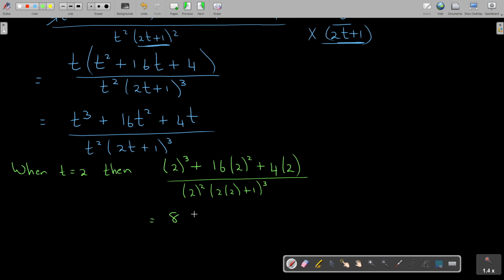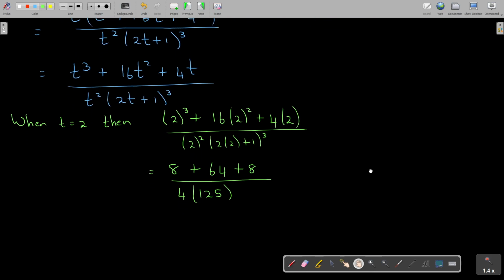So this is going to be 8. This is going to be 4 times 16, and that's going to be 64 plus 8 over, and now I'm just going to get, this is 4, and this is 5 to the power of 3, it's 125.